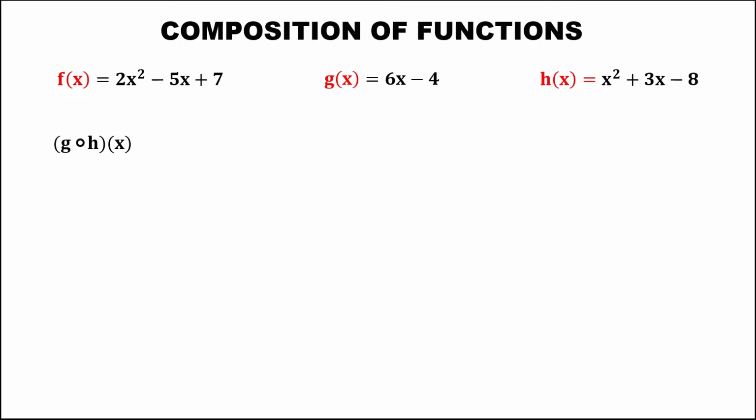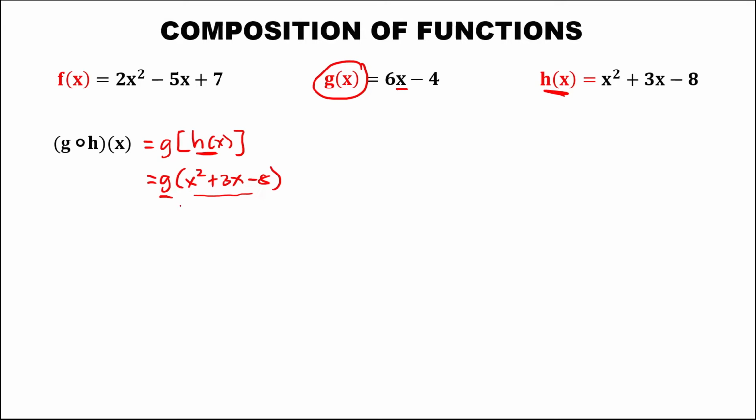Then for this composition, since this is equal to g of h of x, and h of x is equal to x squared plus 3x minus 8, from g of x, x is equal to x squared plus 3x minus 8, so this becomes 6 times (x squared plus 3x minus 8), then minus 4.